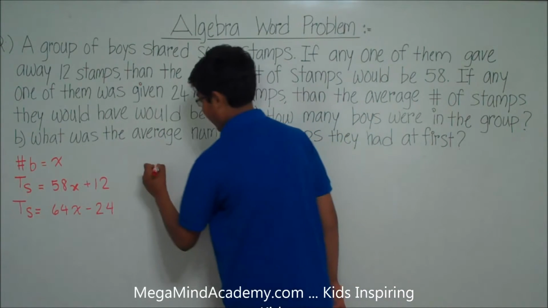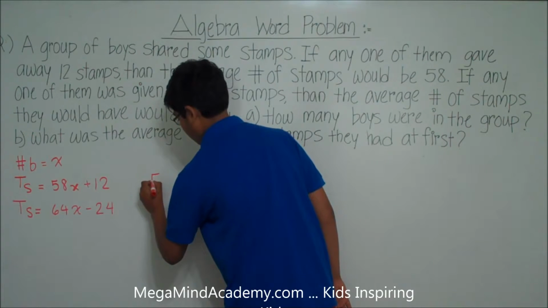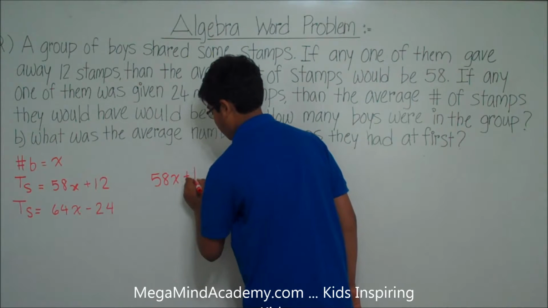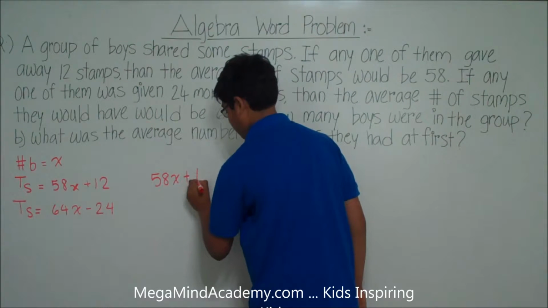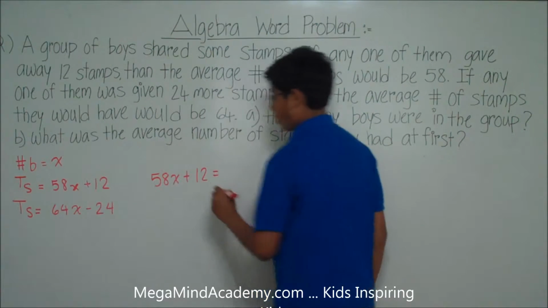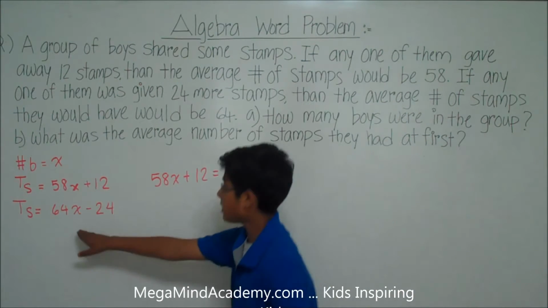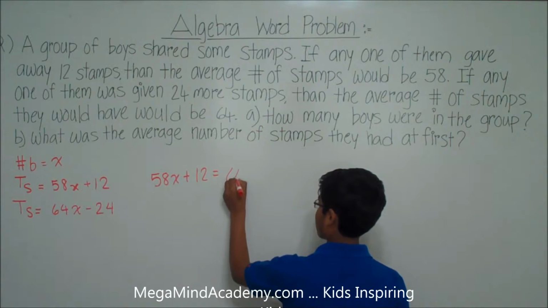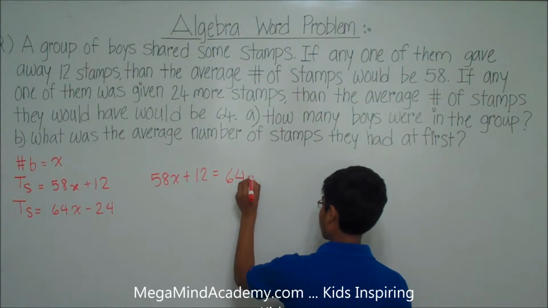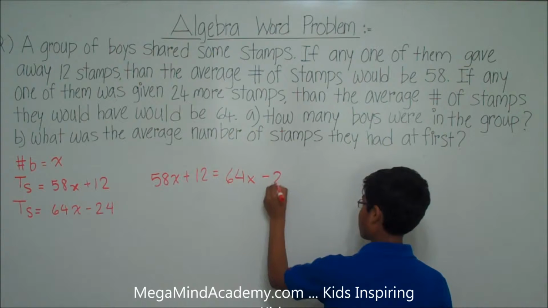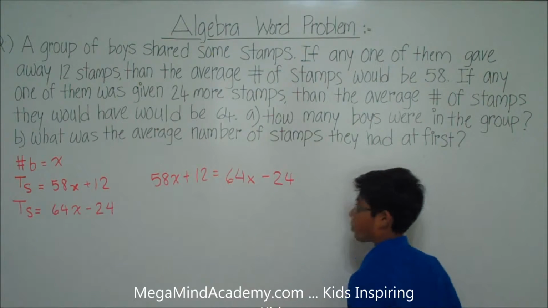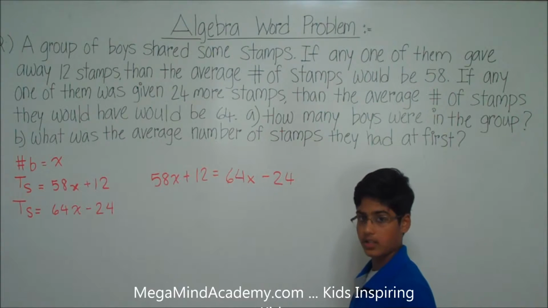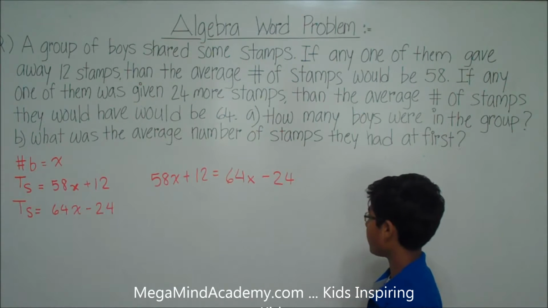So 58X plus 12 is equal to 64X minus 24.